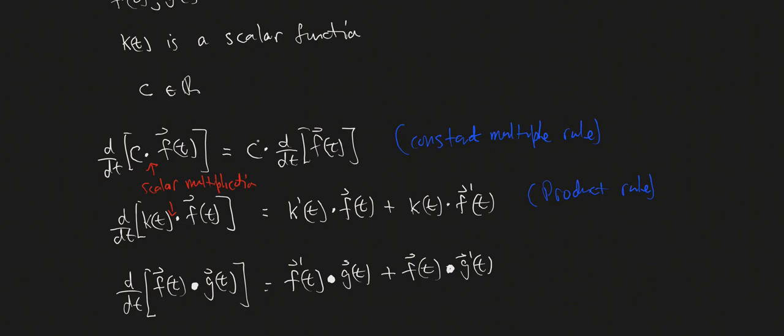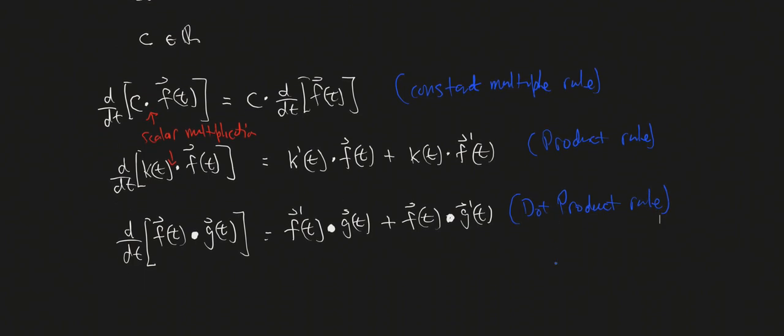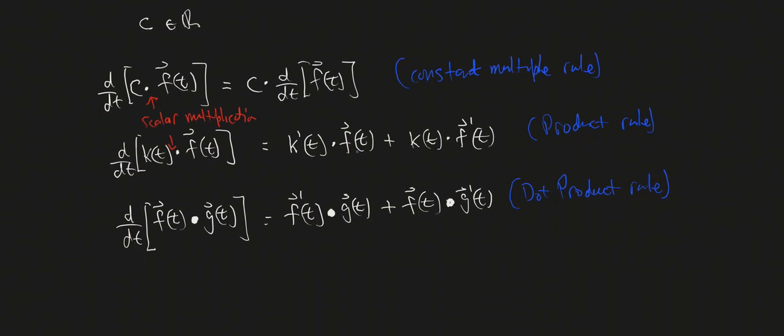This is not a vector, it's a scalar constant. This is not a vector, it's a scalar function. These are now all vectors. So to multiply them, we would have to use one of our ways of multiplying vectors. I'm going to coin my own little phrase here and say this is like my dot product rule. Don't quote me on that, but it's just a way of distinguishing the operations.